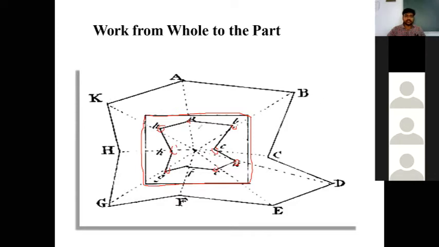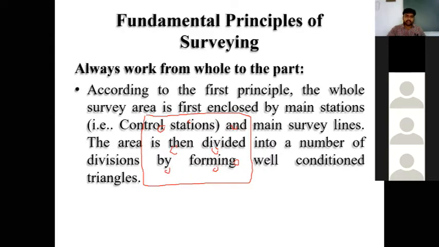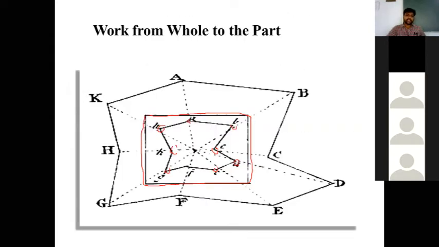These are the points which we cannot change. So we're going to call these points the main stations, or control stations.